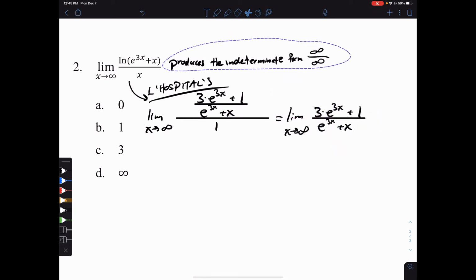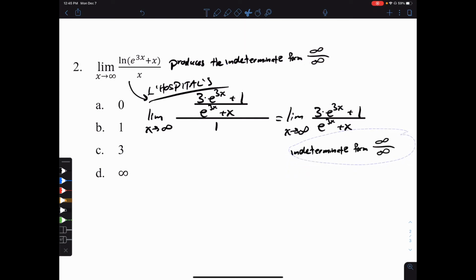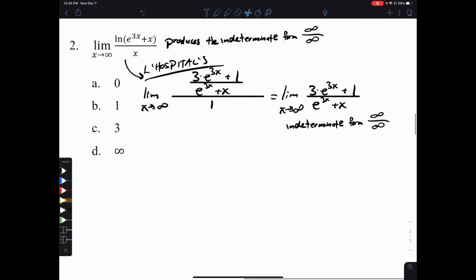And that is the indeterminate form infinity over infinity. So we got to do this again. This is fun. The derivative of the top, derivative of 1 is going to be 0. Derivative of 3e to the 3x is going to be 9e to the 3x.